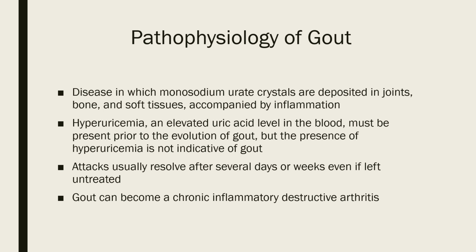So, gout is a disease in which monosodium urate crystals are deposited in joints, bone, and soft tissues, accompanied by inflammation. Hyperuricemia is an elevated uric acid level in the blood that must be present prior to the evolution of gout, but the presence of hyperuricemia does not necessarily mean that my patient has gout.